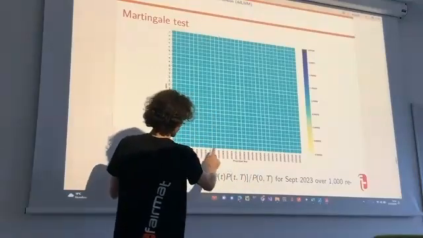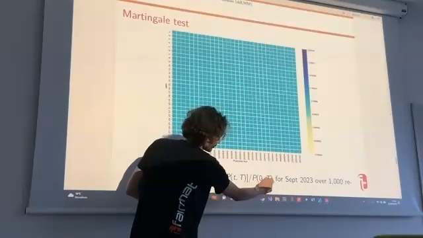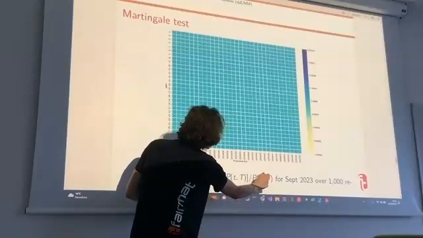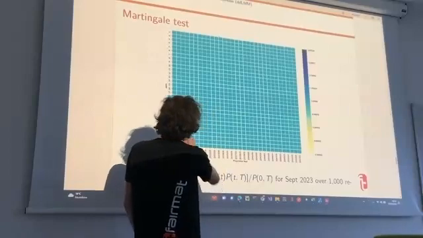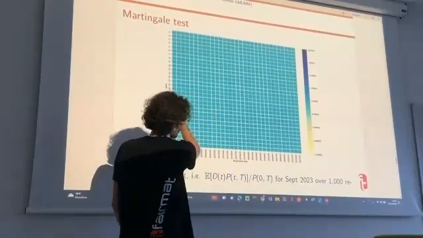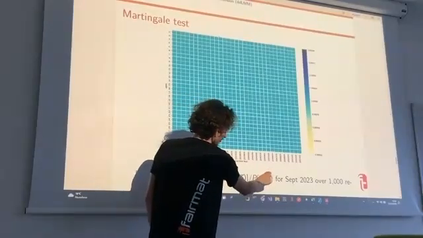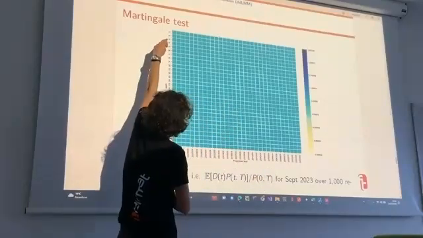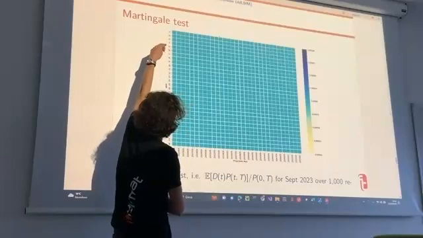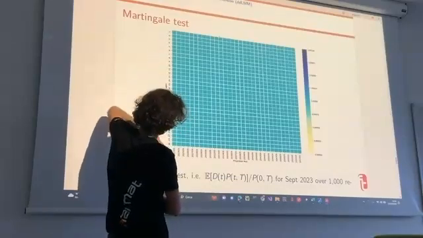On the columns, we are moving with the capital T in the projection. Sorry, the other way around: on the rows, we are moving with capital T. So you see here we have capital T 1, 2, 3, 4, 5, and 30.